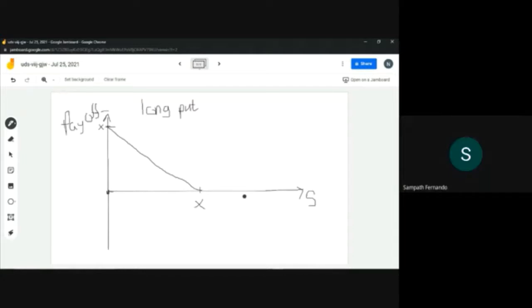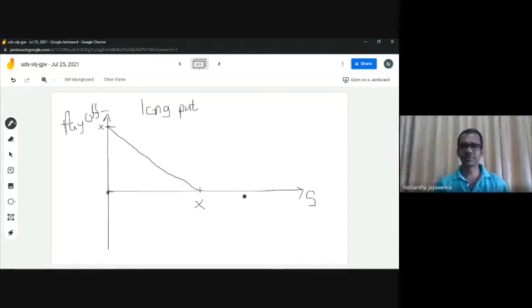Do not exercise. You don't exercise your right, because you can sell the asset at the market price, at a higher price than the strike price. So you don't get anything. So this is the payoff diagram for a long put.